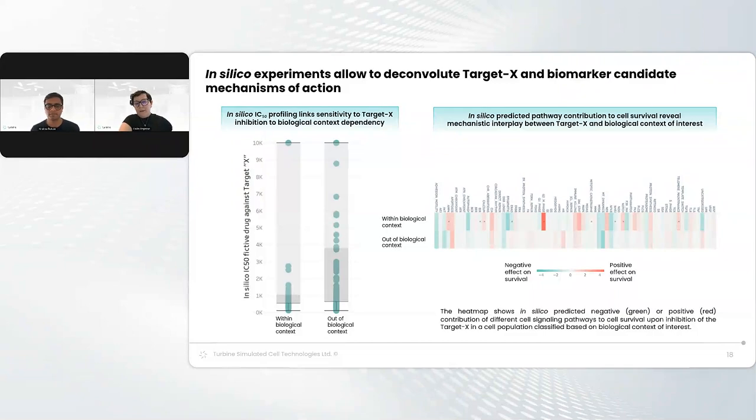And we could also compare the pathway activities within these two cell populations. This is represented on the right panel. So again, you can see the two sets of cell lines, one within the biological context and then the control group out of the biological context.